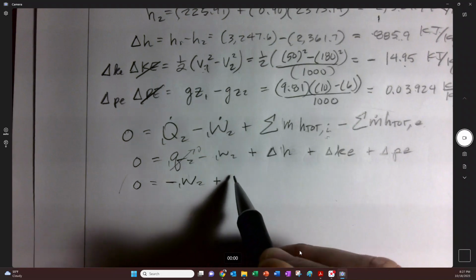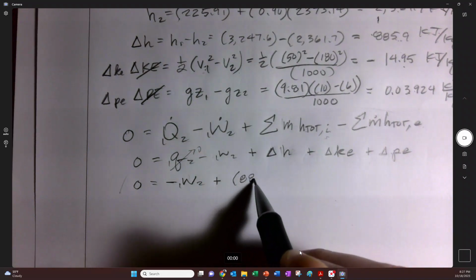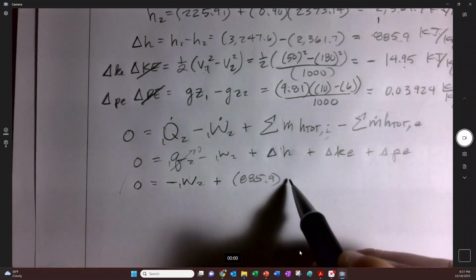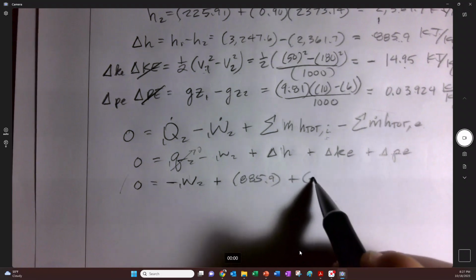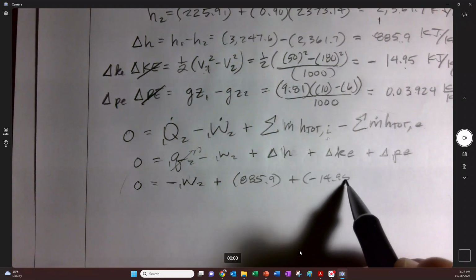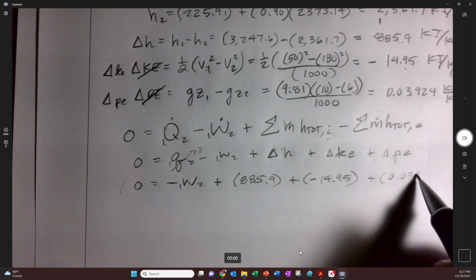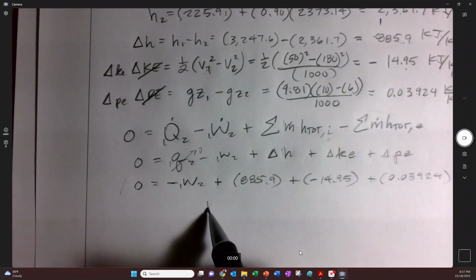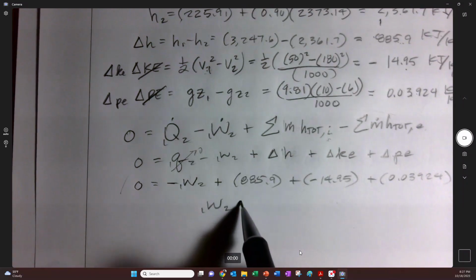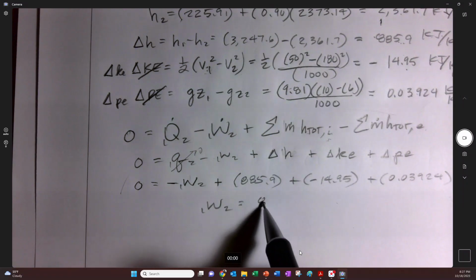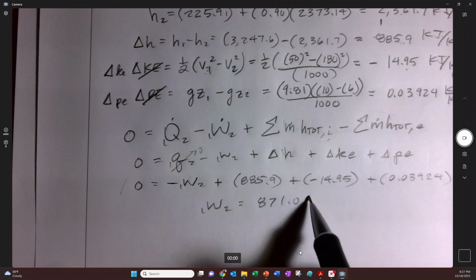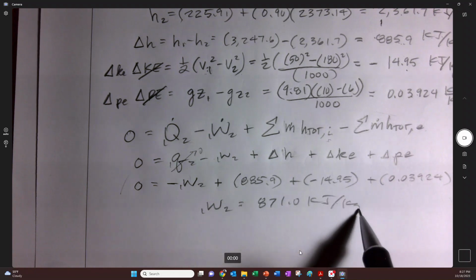So you're going to go plus 885.9 plus minus 14.95, and then plus 0.03924. And we get a work done between states 1 and 2 of 871 kilojoules per kilogram.